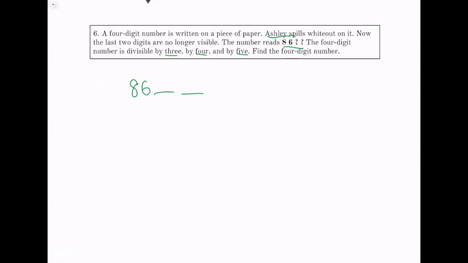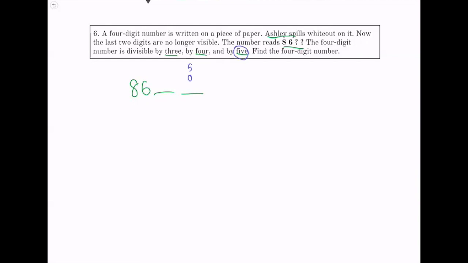Okay, so 3, 4, and 5. The last digit has to be 5 or 0, right? That's the 5 trick. What about the last 2 digits? If a number is divisible by 4, it's also going to be even, right? A number has to be a multiple of 2 to be a multiple of 4.